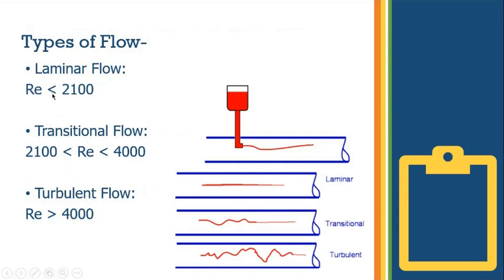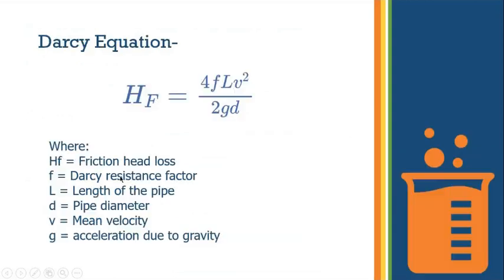These can be determined by the Reynolds number as shown on the screen. If the Reynolds number is below 2100, it will be a laminar flow, and if it's between 2100 and 4000, it will be a transitional flow. And lastly, if it is greater than 4000, it will be a turbulent flow.